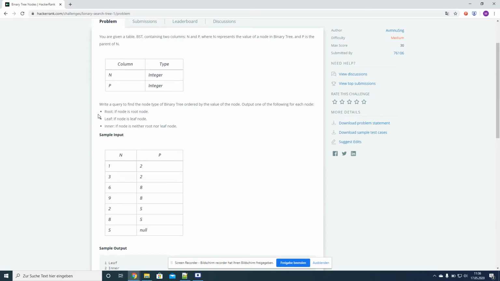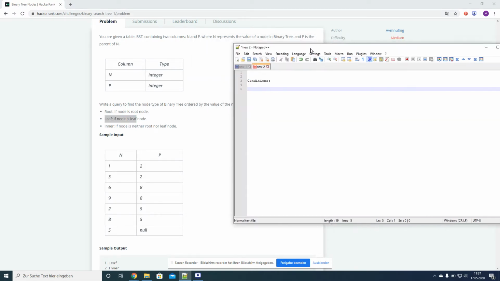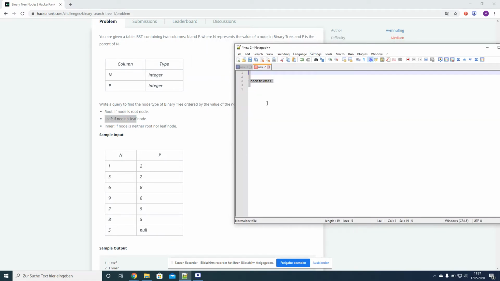A root is easy because a root is where the p-value is null. A leaf, so let's write that down. Root definition, p-value is null.